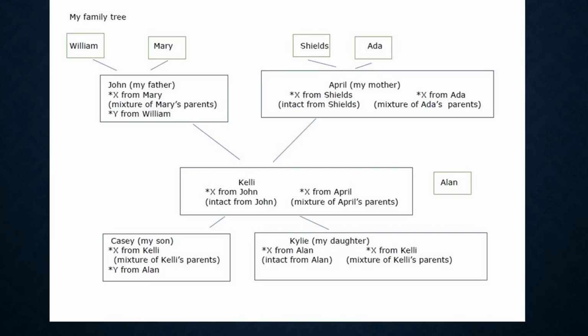And then my children, you can see that my son got a Y from his dad, and then my daughter got an X from her dad, intact. Now, their dad is deceased, so I can't test him. But if he were here, we'd be able to use that phasing and do a sorting, and I'd be able to tell from my daughter which piece came from dad and which piece came from me of her X's.